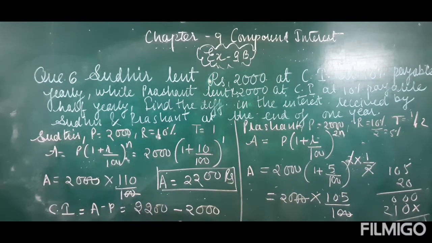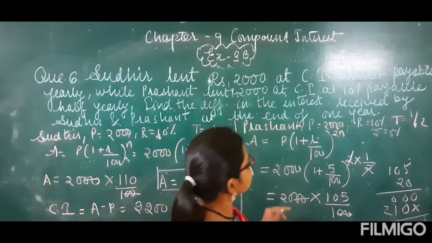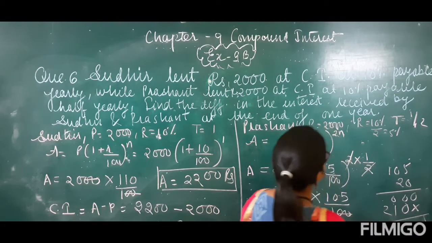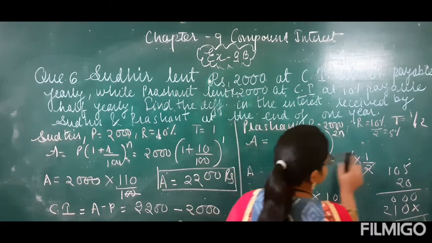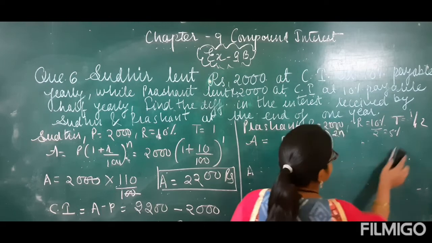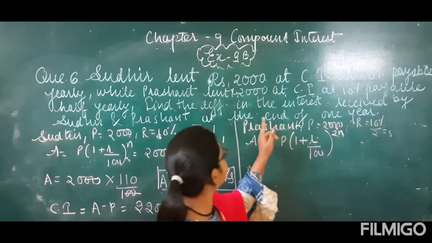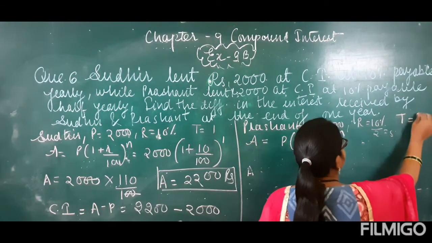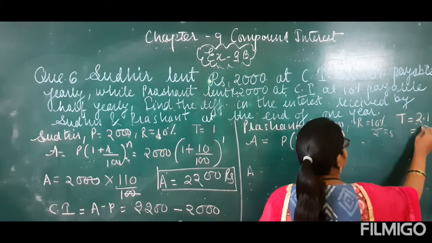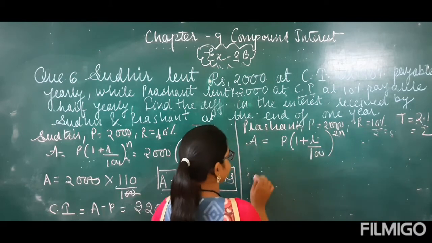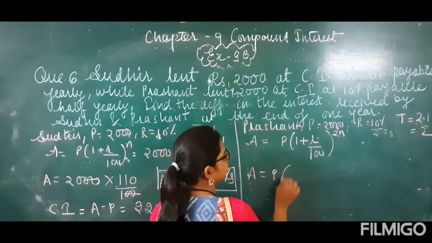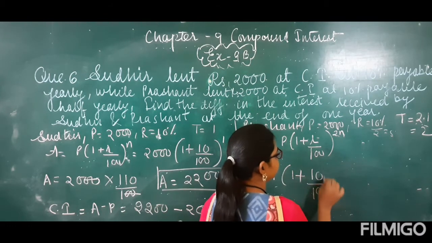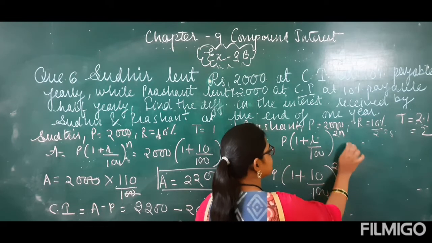So what mistake have I committed here? It is half yearly. Sorry, in this question the time given to us is 1 year. At the end of 1 year you have to find out, and in the formula it is given 2n. So 2 into 1 is how much? 2. So here if I substitute the value of n, you will get P into 1 plus r, it is 10 upon 100 to the power 2 into 1, that is 2 only.